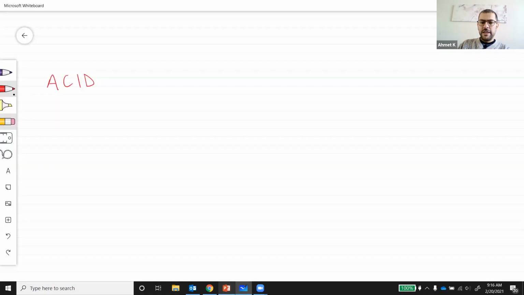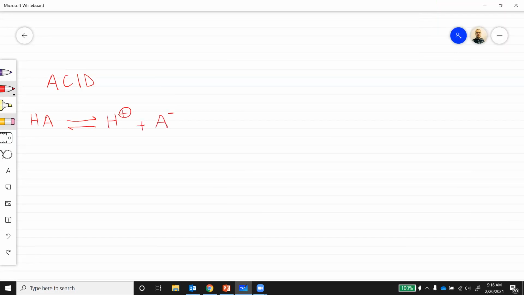The Arrhenius definition. And he noticed that some substance, let's say you have an HA, he observed that actually some substance gives off H pluses in aqueous solution.